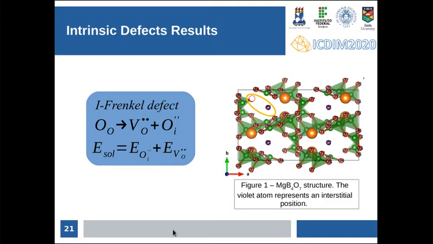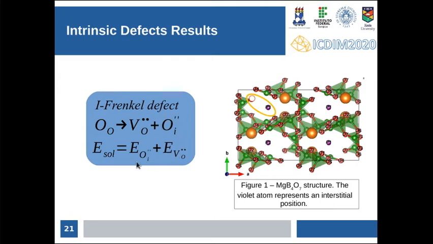Here's a typical reaction for oxygen Frenkel. It's an oxygen, and you have a vacancy oxygen plus an interstitial oxygen. So you calculate one defect for vacancy oxygen and another defect for oxygen interstitial.